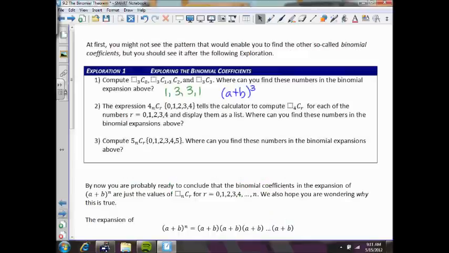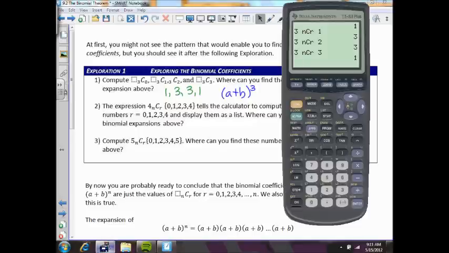Now, the expression 4 nCr and then braces 0, 1, 2, 3, and 4 tells the calculator to compute 4 choose r for each of the numbers r 0 through 4 and display them as a list. So to do that, we're going to do 4 choose, then we're going to do the braces, so second parenthesis, 0, comma, 1, comma.